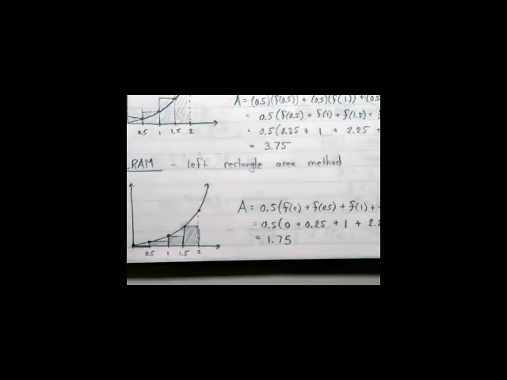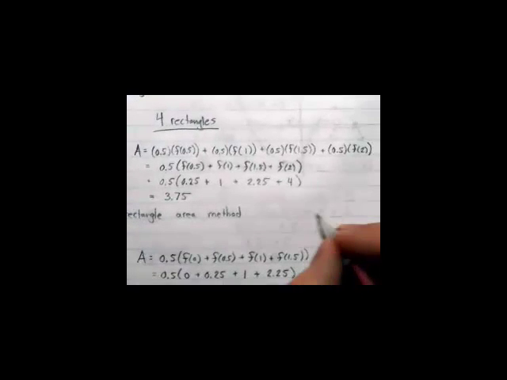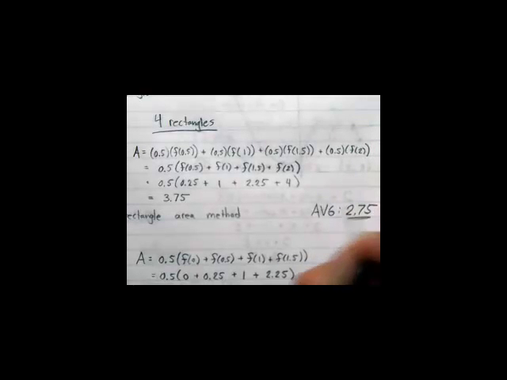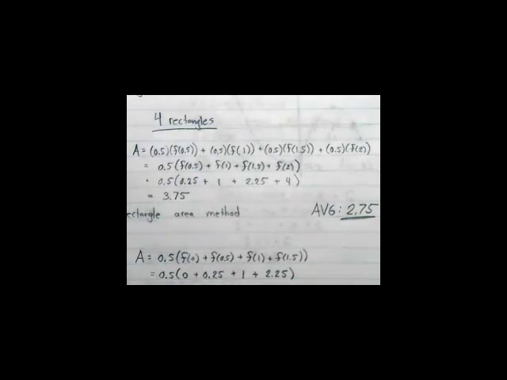And thankfully, we've got two answers here that are very easy to take the average of. What's the average of those two numbers? 2.75. Okay. So we're thinking the area under the curve x squared from 0 to 2 should be somewhere close to 2.75.